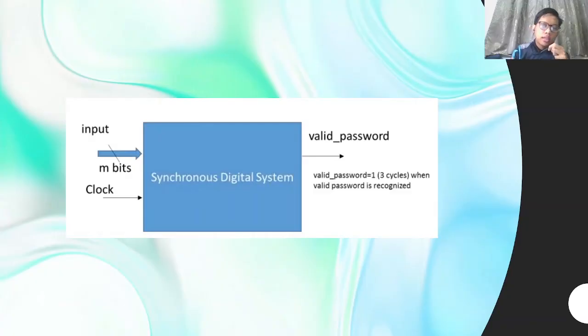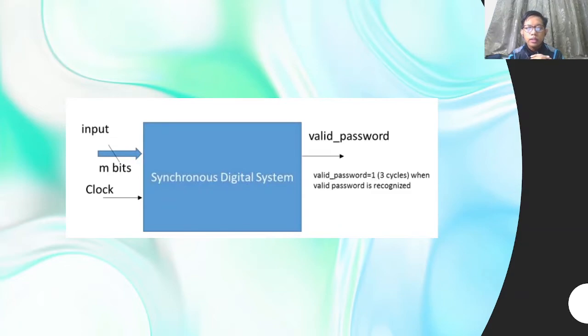Okey, sekarang kita berada di part 2. Di sini kita diminta membuat synchronous digit system, di mana sistem tersebut mengesan kata laluan, dan kata laluan tersebut berdasarkan nombor metrik pelajar. Nombor metrik itu adalah salah seorang daripada ahli kami, menggunakan nombor metrik pelajar UTM.